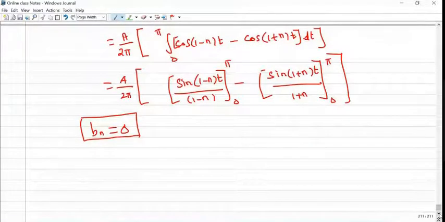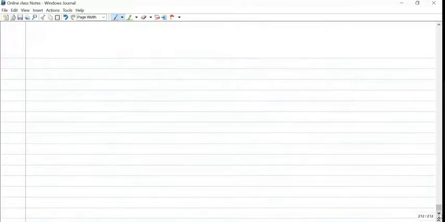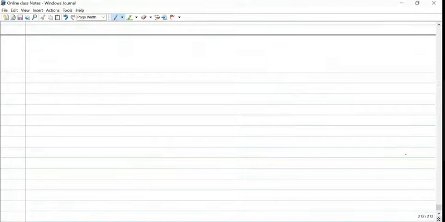So the A naught and An values are calculated and the Bn value is 0. In some reference books, they follow A1 and B1 also separately. Apart from the general A naught, An, Bn, they try to calculate A1 separately and B1 separately. So A1 means in the An formula, we have to substitute n equal to 1.